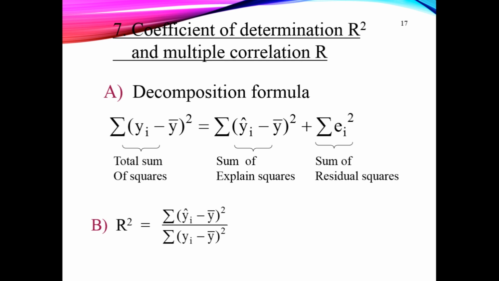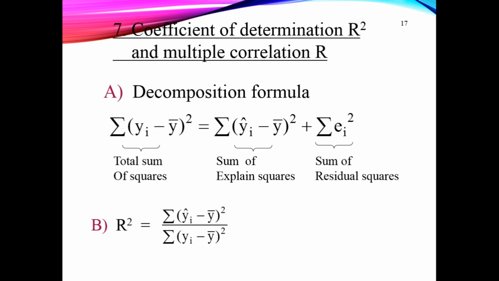That means that the linear regression cannot be appropriate. So in the multilinear regression, the model will be good when the R square is as close to 1 as possible.